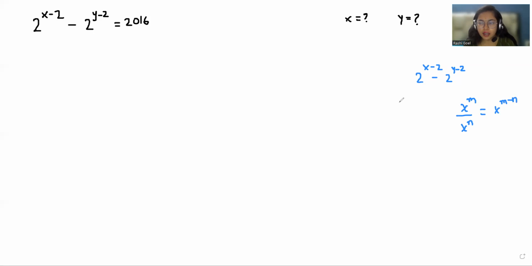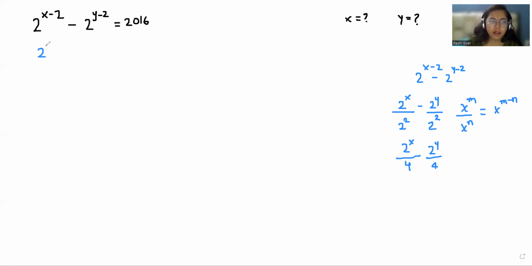So I can write it as 2 power x divided by 2 power 2 minus 2 power y divided by 2 power 2, and that is 2 power x divided by 4 minus 2 power y divided by 4. So I'm going to replace this: 2 power x divided by 4 minus 2 power y divided by 4 is equals to 2016.